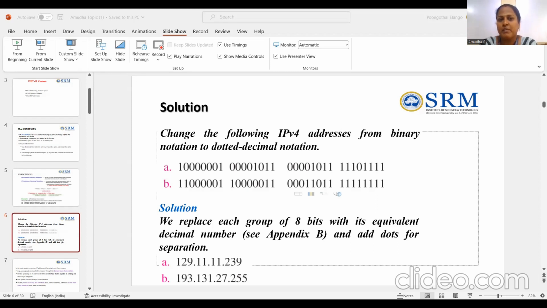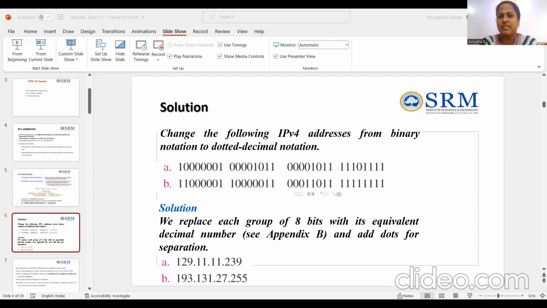The 128 bit is enabled and the last bit 1 is enabled, so 128 plus 1 equals 129. Similarly, the second byte has the value 00001011. Applying the 8421 code, it is a summation of 8 plus 2 plus 1. Finally, you will get 11. The third byte is the same data, so you will get 11.